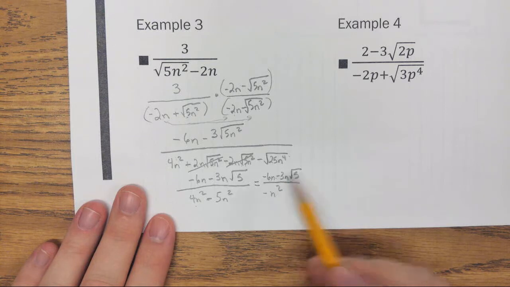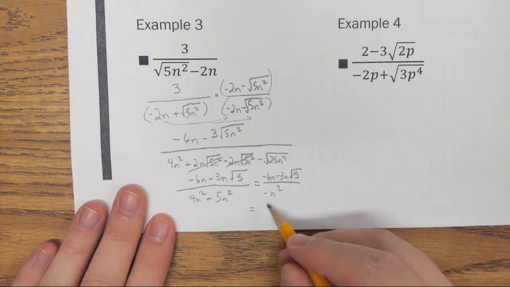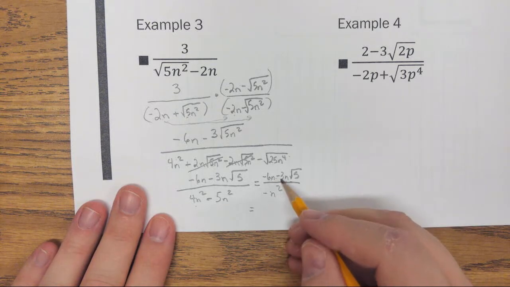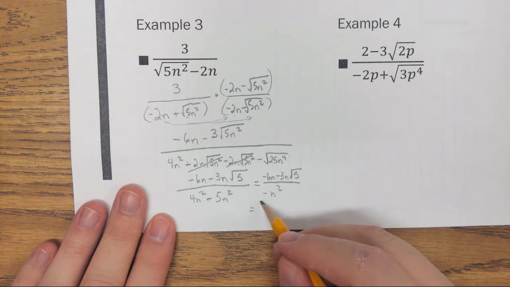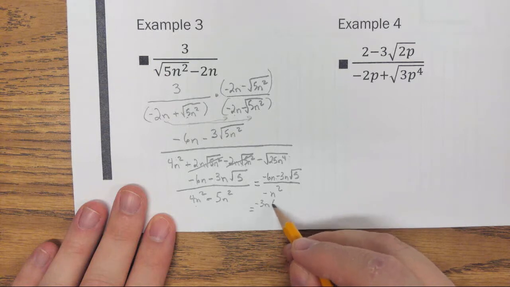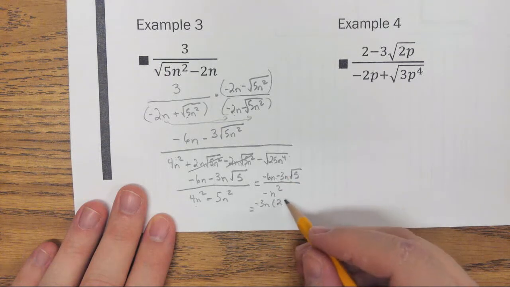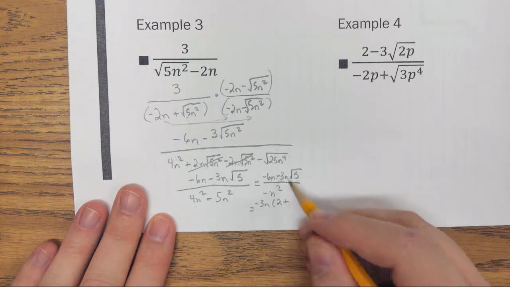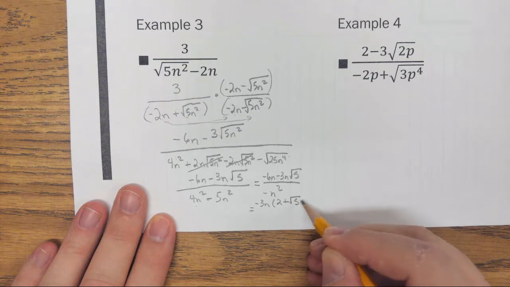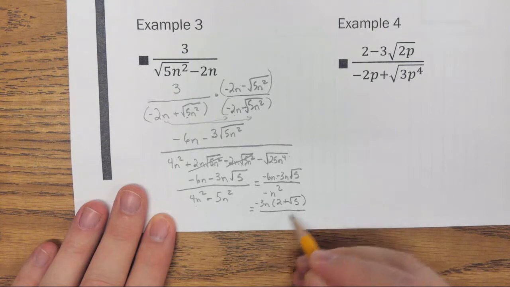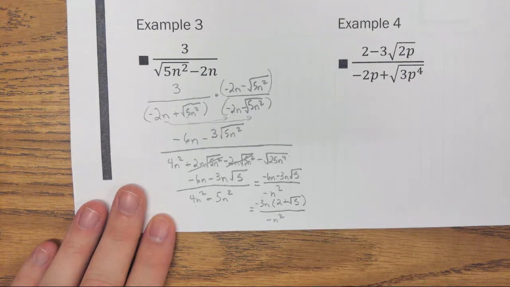So I can factor a 3 and an n out. I'm going to take out the 3 and the n, and not only that, I'm going to take the negative out too. So I've got negative 3n times 2 plus radical 5 all over minus n squared.